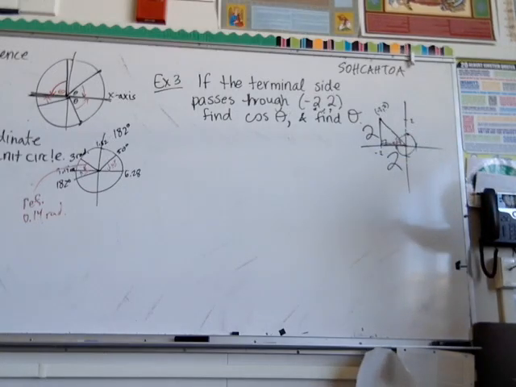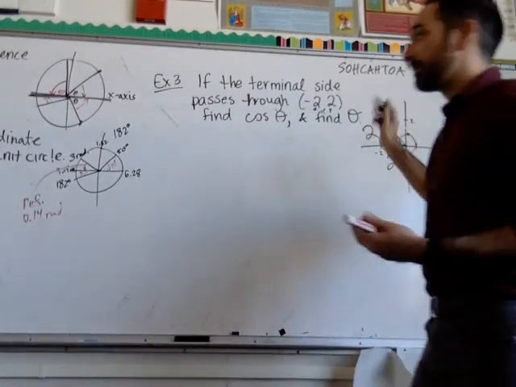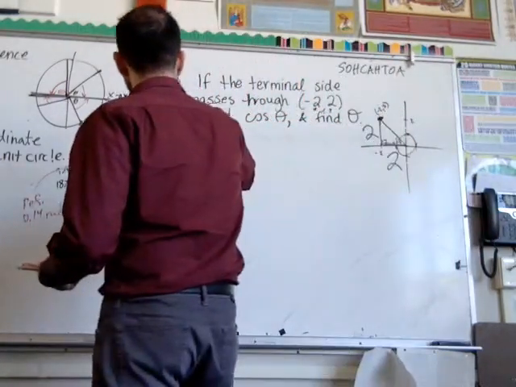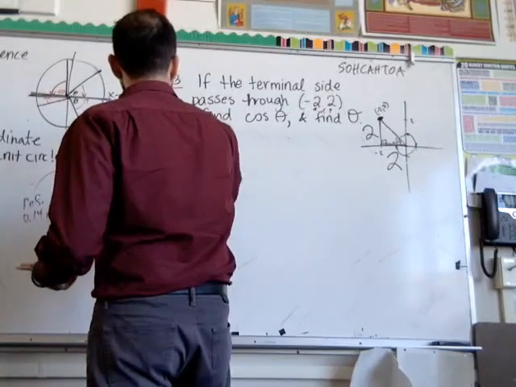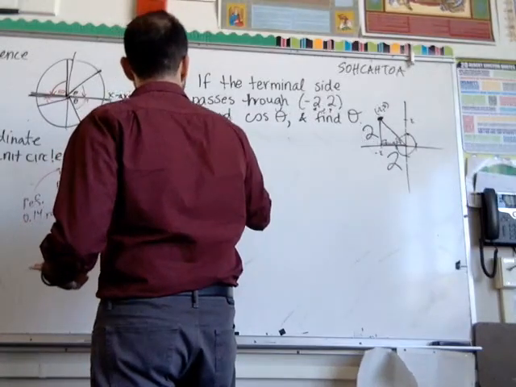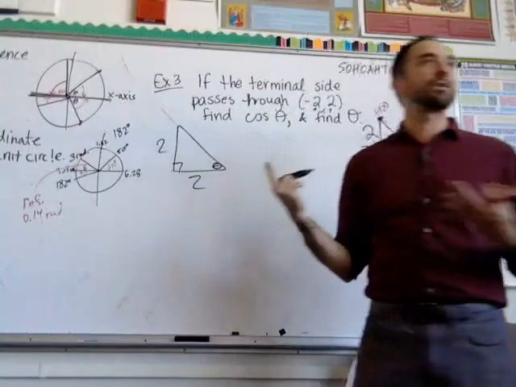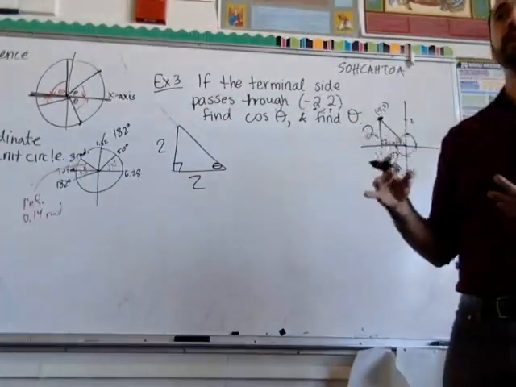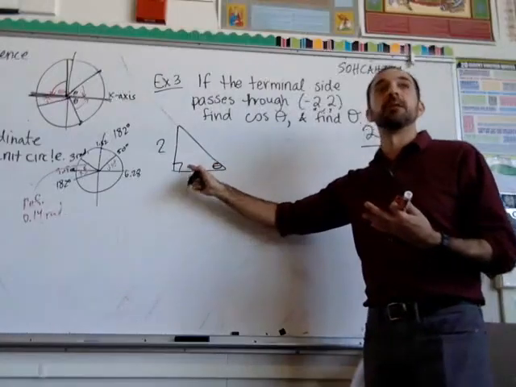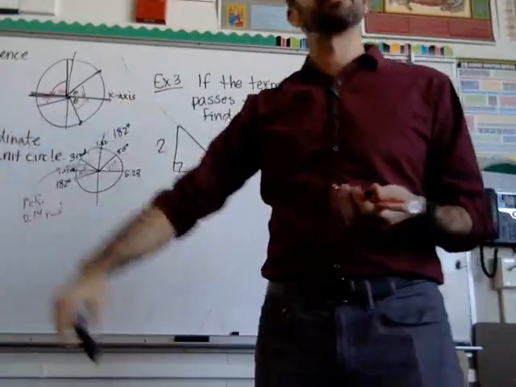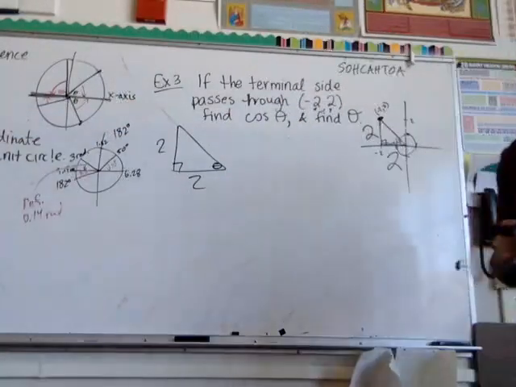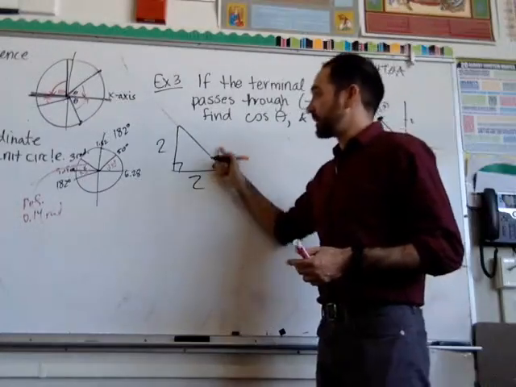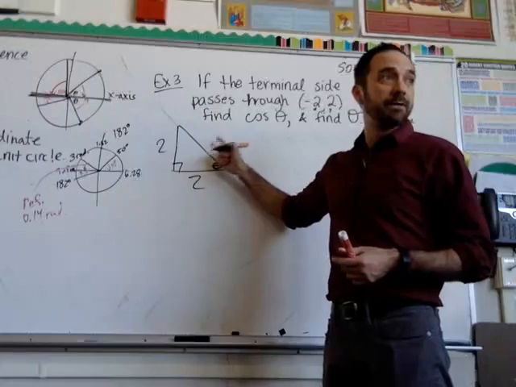We could forget about the unit circle. We'll look at the unit circle again at the end, but all I want to do is redraw this: 2, 2, theta. And now we're doing a Sohcahtoa crawl. Level 1 is Sohcahtoa with right triangles. Level 2 and beyond is unit circle. So we're just going back to the beginning, and we did this last year. How can I find my hypotenuse?